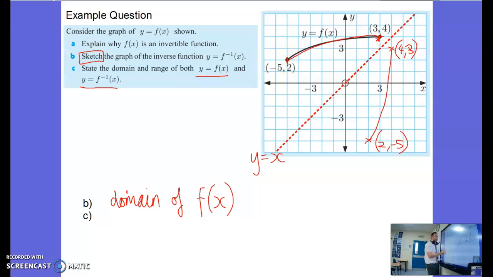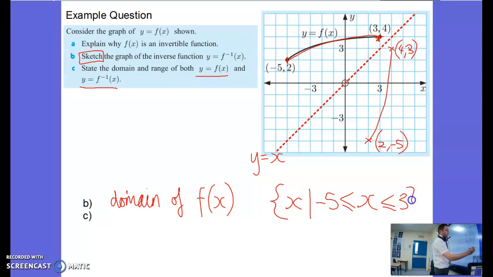We're going from minus 5, so we can say curly brackets, x, vertical line, x is between minus 5 and up to 3. So that's the domain of f of x.